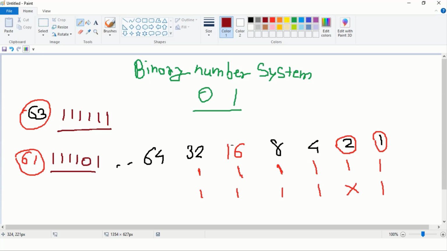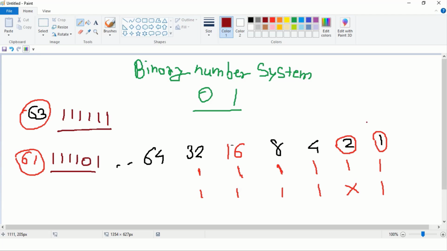I hope you have better understanding about how number system works. In decimal number system we have base 10. In binary number system we have base 2.